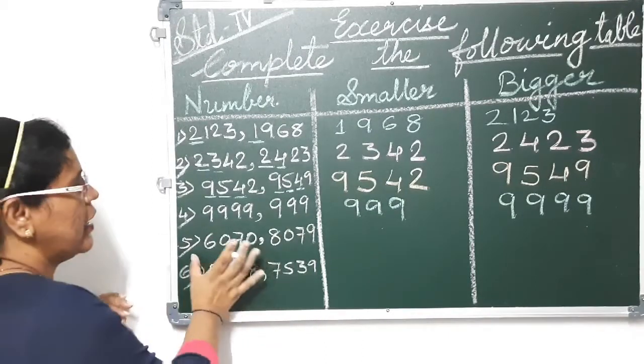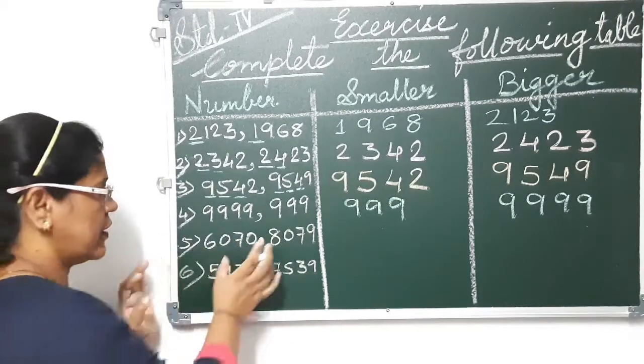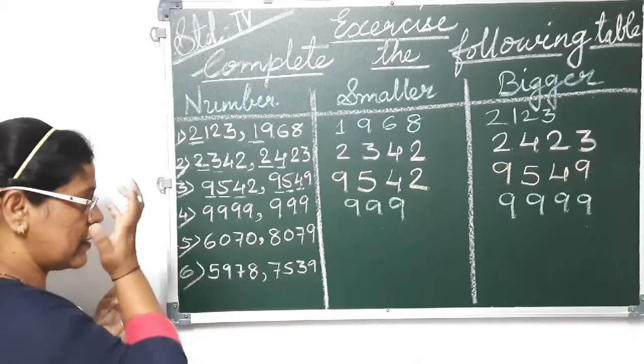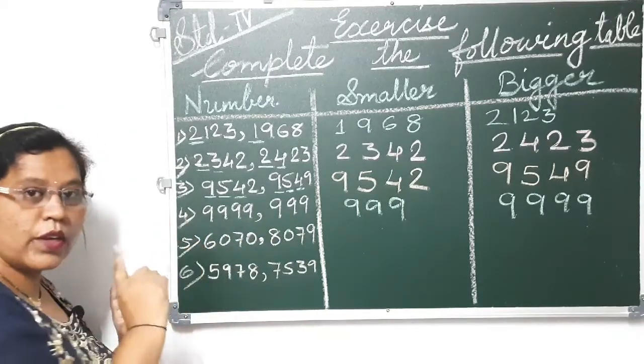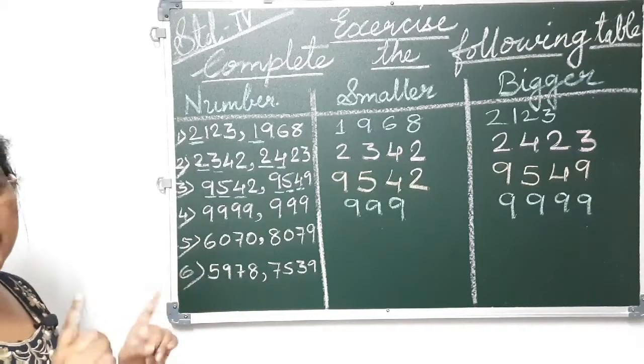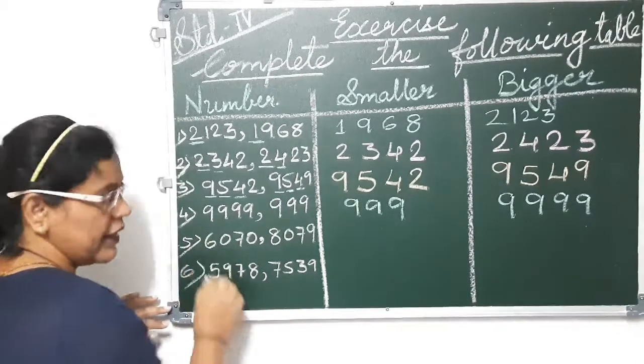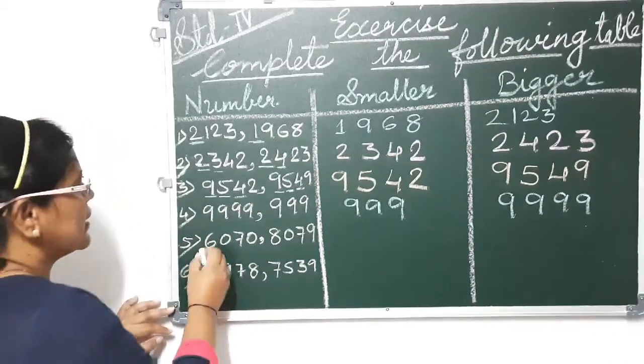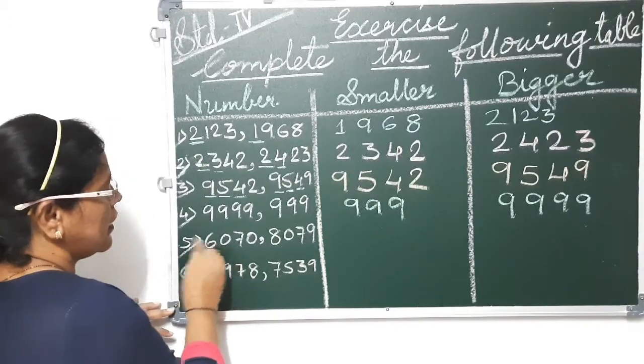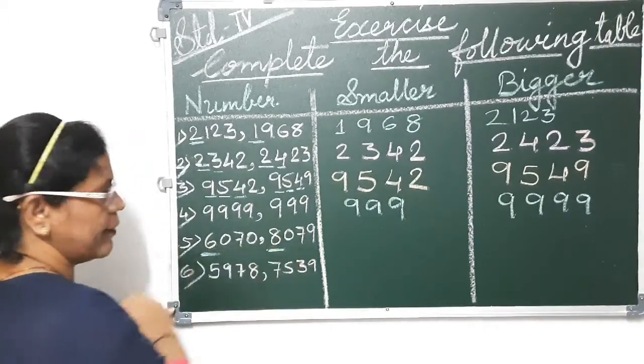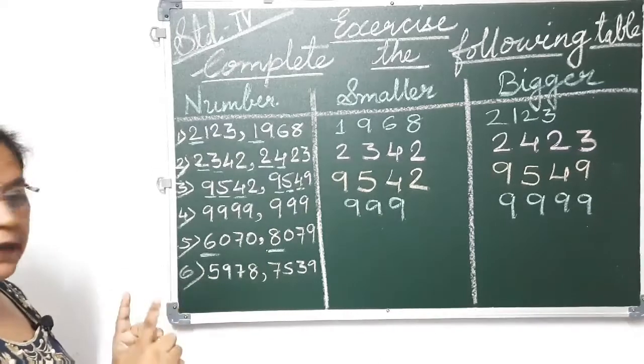Here also you have to see, first you have to count the digits. Now here 4 digit and 4 digit. Understood? Then you have to compare the thousands place value. See the difference. Now here 6 is given in the thousands place and here 8. So compare them.